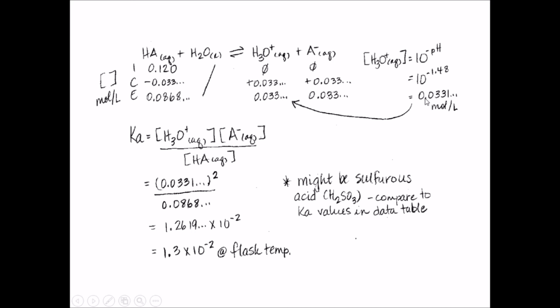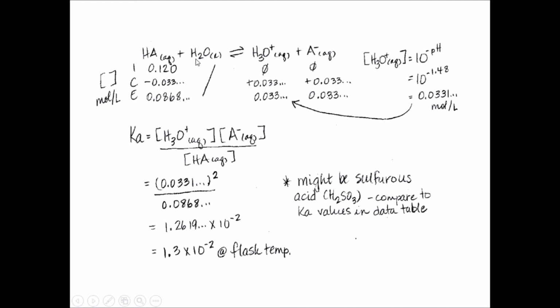We now have the concentration of H3O plus at equilibrium, which we can sub into our ice table. We know the initial and equilibrium values for H3O plus, so we can now find the change.